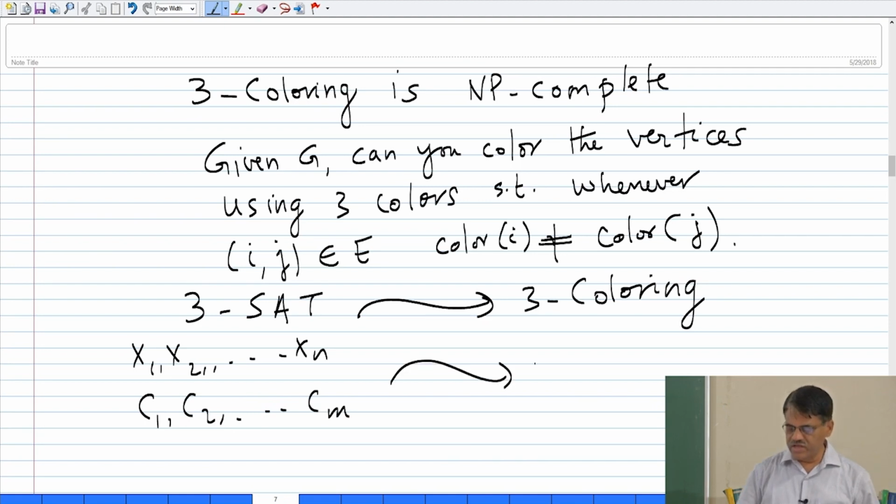And the output here, what is the output here? A graph. I have to just get a graph, right? So this graph is going to have a lot of triangles. So you need at least 3 colors, but 3 colors may not be enough, and we will construct the graph in a way that it is 3 colorable only if this formula is satisfiable.